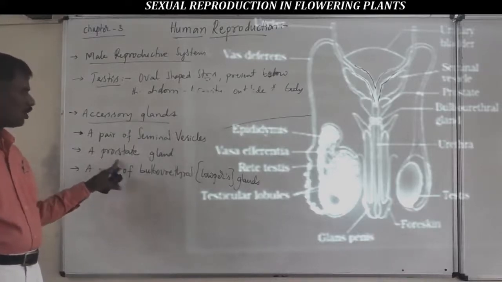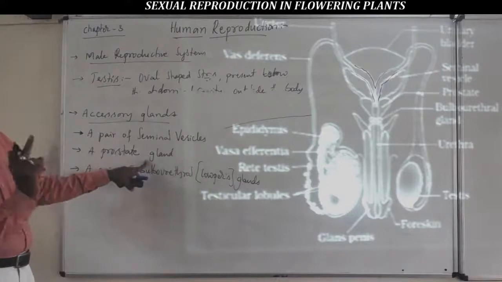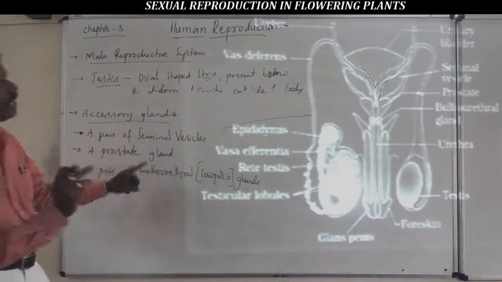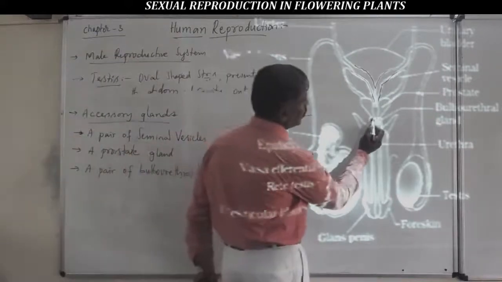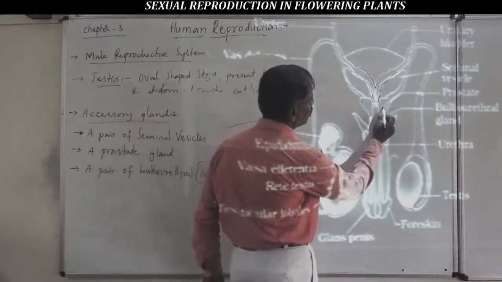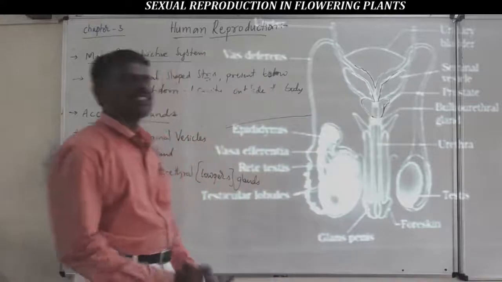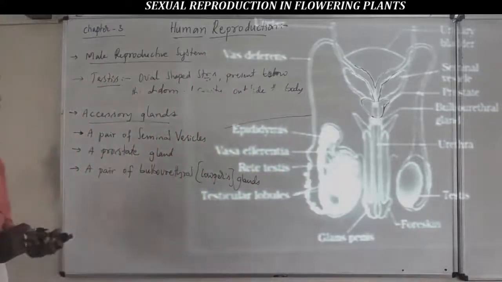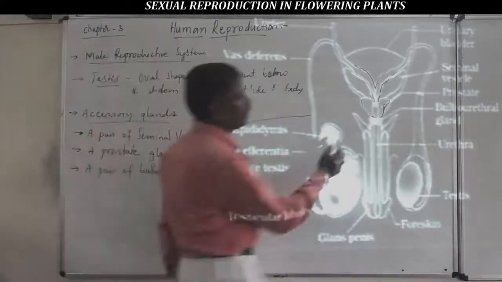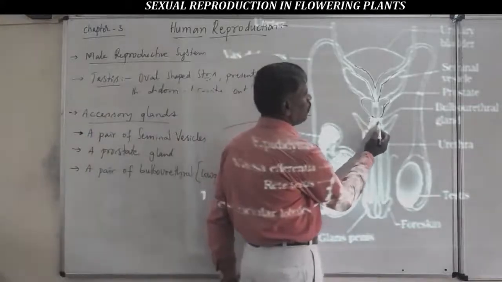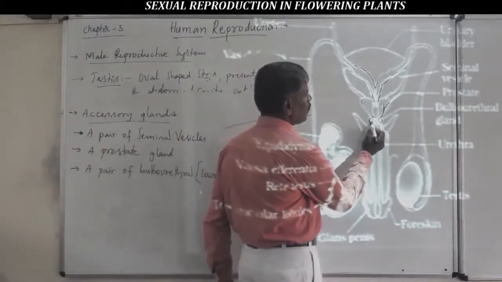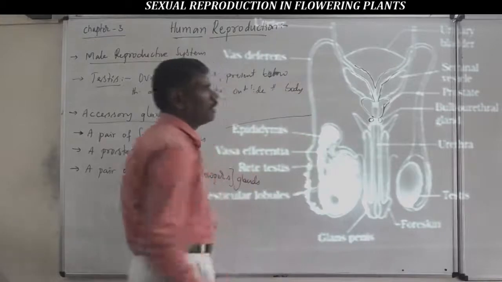A large prostate gland which is completely covering the urethra, a single prostate gland, and a pair of bulbourethral glands which are present lateral to the urethra.